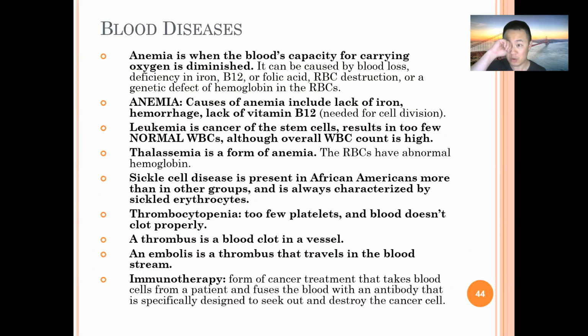Okay, so you can have a lot of red blood cells, but if the hemoglobin is not working, you are still anemic. Okay, and I definitely emphasize that in my blood lecture. Now, this can be caused by blood loss, deficiency of iron, deficiency of vitamin B12, folic acid, maybe a lot of red blood cells are being destroyed, or genetic defect of hemoglobin. All of these can lead to anemia, not necessarily low red blood cell count.